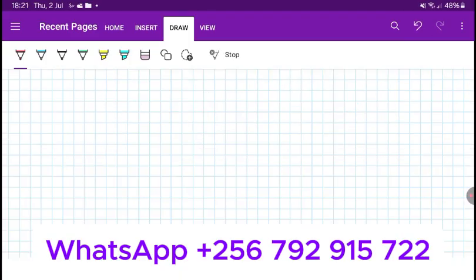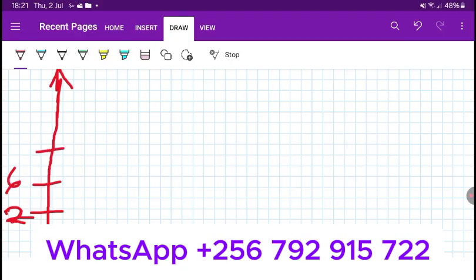So let's draw our axes. I'm just going to name, this is 2, this is maybe 6, this is maybe 10, this is 12. I'm just naming, but you follow your own. But here we start from 0.